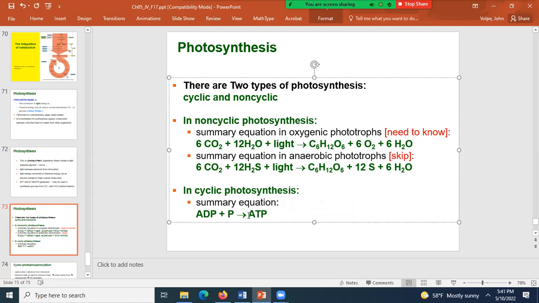Whenever that cell wants ATP, it will engage in cyclic photosynthesis. However, if that cell wants to make glucose, it'll engage in non-cyclic photosynthesis. Remember, in non-cyclic photosynthesis, you make ATP, but that ATP is used up to make the glucose.